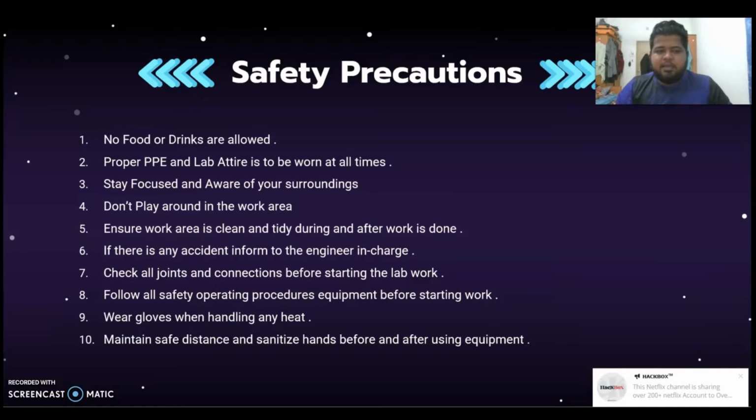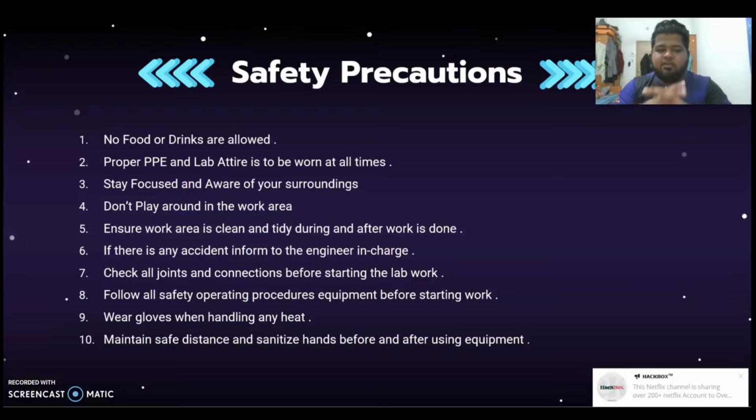Next, proper PPE, personal protective equipment, and lab attire is to be worn at all times. Stay focused and aware of your surroundings. Don't play around in the work area. Ensure the work area is clean and tidy during and after work is done. You should perform 5S. And if there is any accident, inform the engineer in charge or your lecturer.